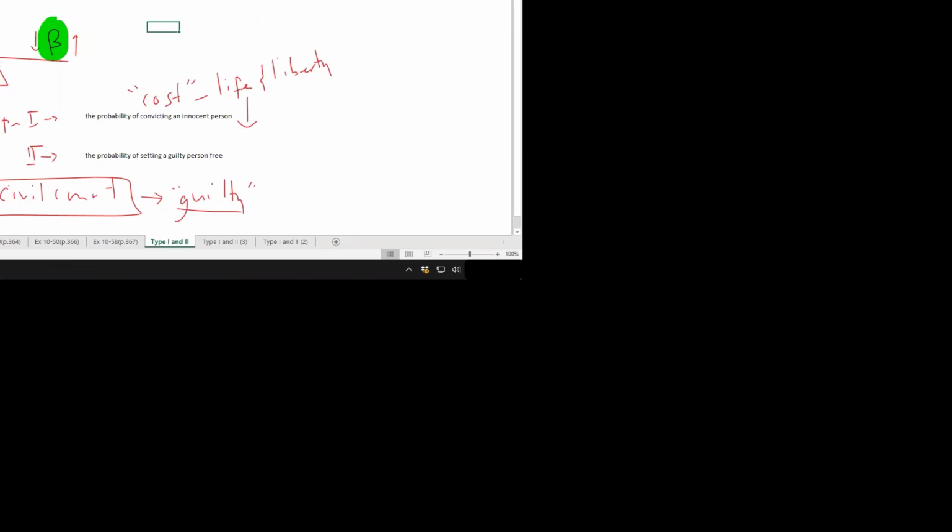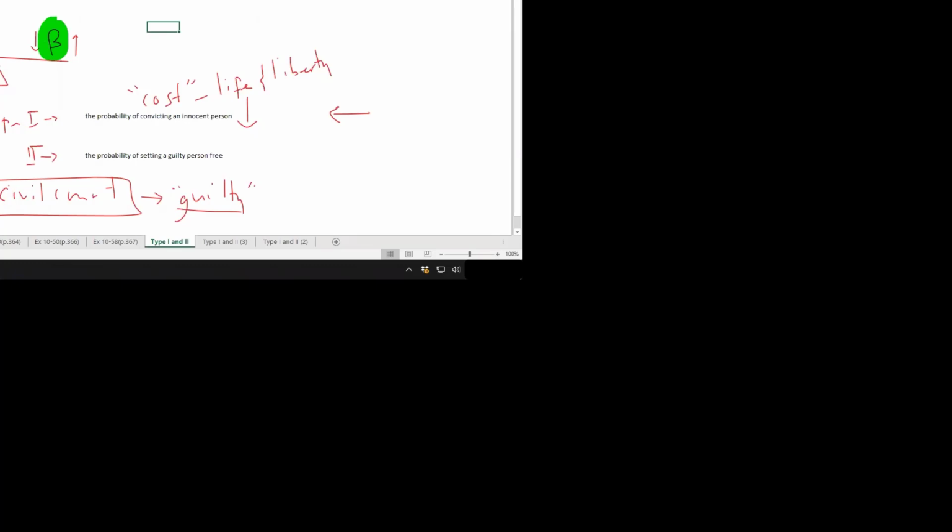The type 1 in the civil court is what? When an innocent person is convicted, what is the cost associated? Right. That person bears that they're in jail when they're not supposed to be.